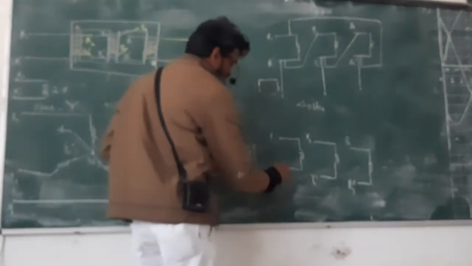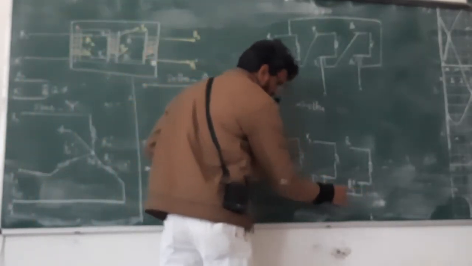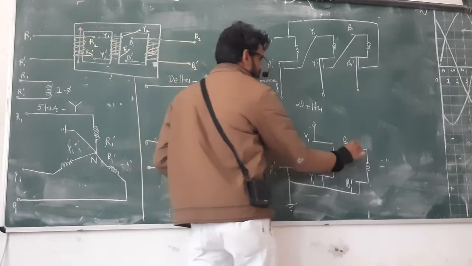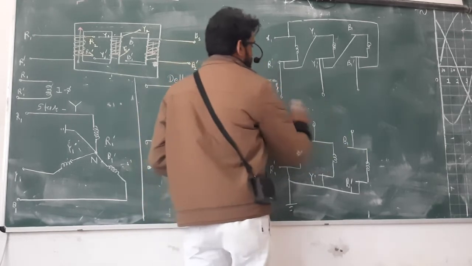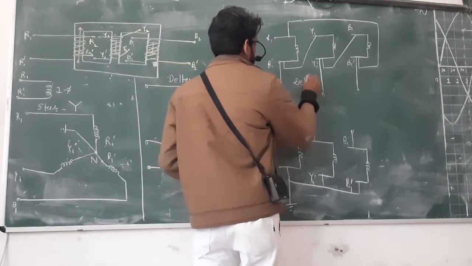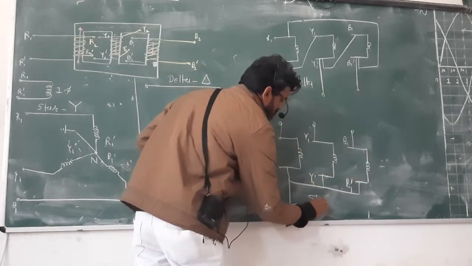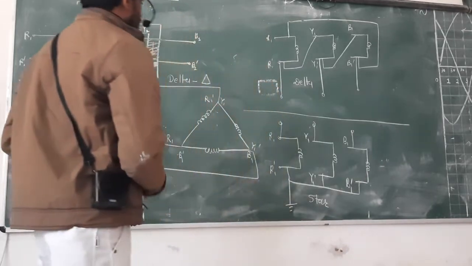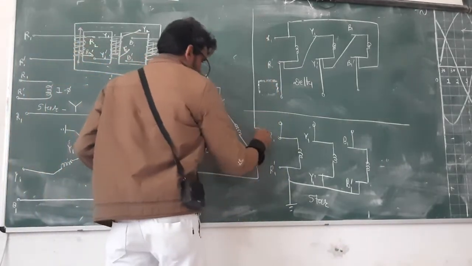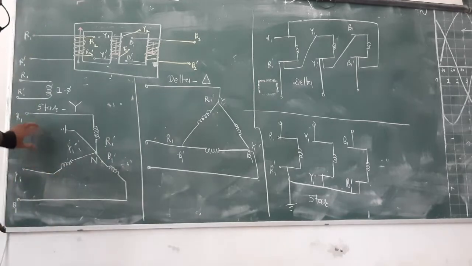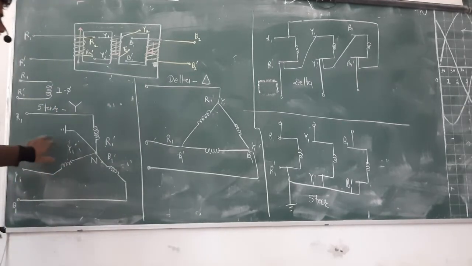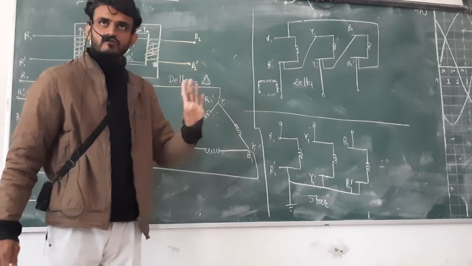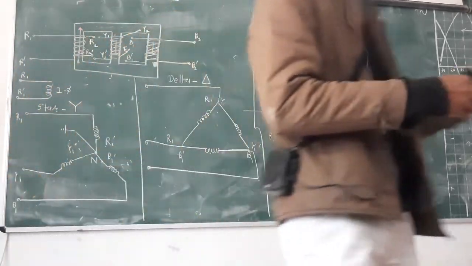So for the star, connect all these 3 things together, make it ground, and give supply here. Comfortable? This is the star. You draw this drawing also, and then this one. Then draw the delta connection, this drawing also, and that drawing also. Okay? Draw it.